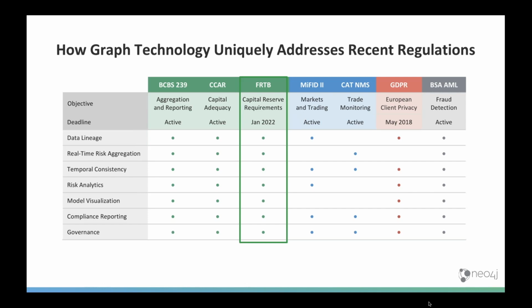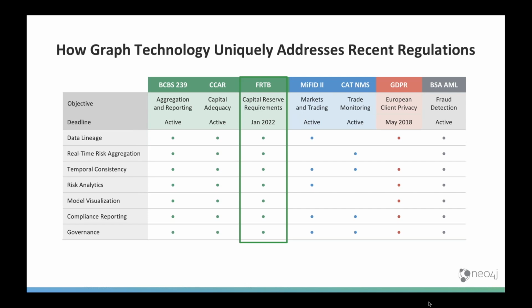You saw some of the risk analytics that we showed here for the trading desk head, for traders, for management, and obviously the model visualization and being able to visualize that connectedness across all of these entities and nodes, if you will, and the compliance reporting along with that, and of course maintaining that governance across the board.